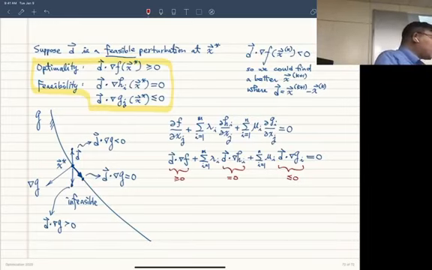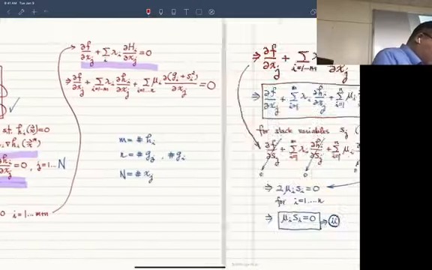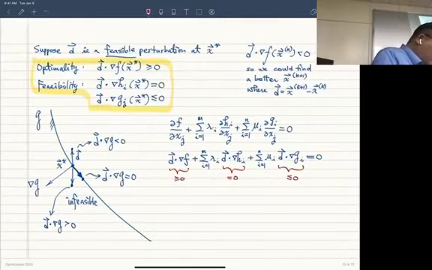So in this case, the only chance that this equation could be zero is that these have to be positive.